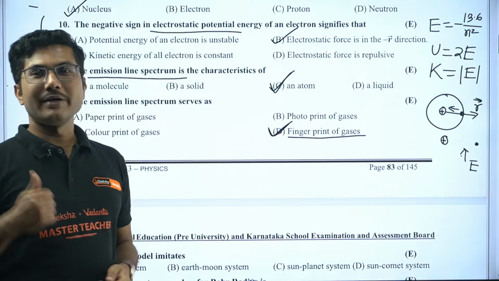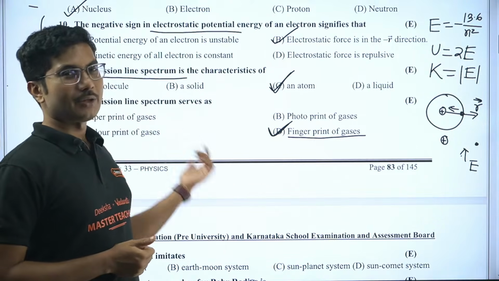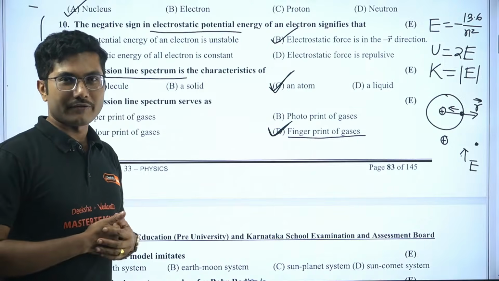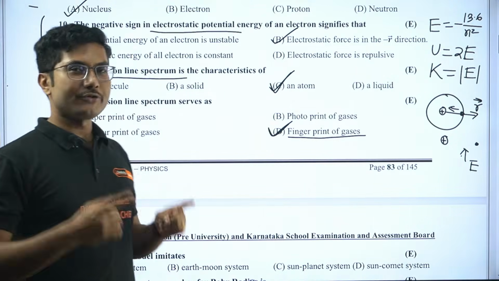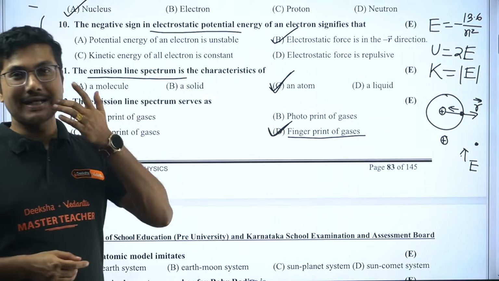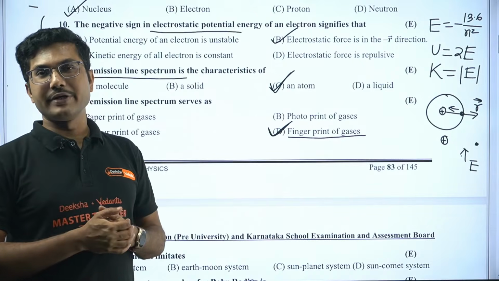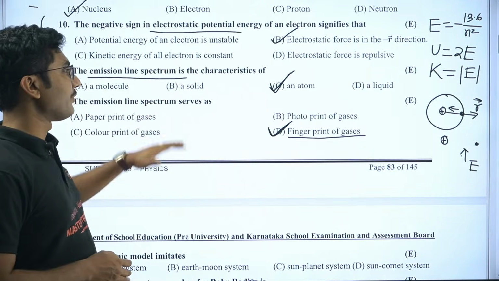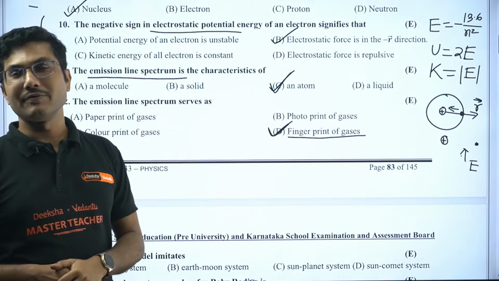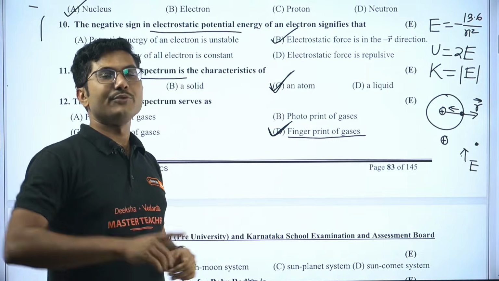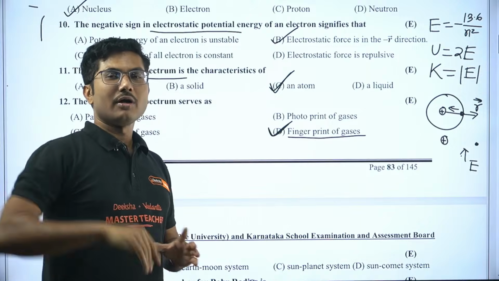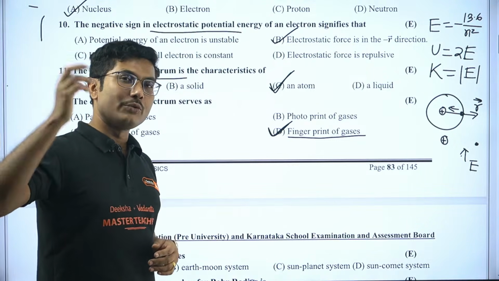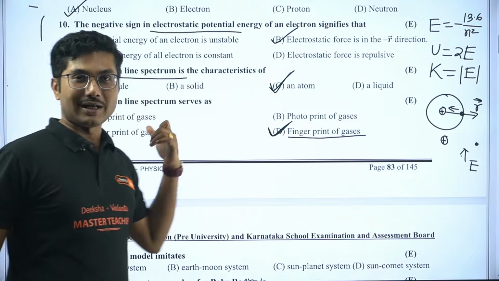So for hydrogen, whatever the emission spectrum is, for helium the spectral lines will be different, for lithium it will be different, for all the elements the spectral lines will be different, and based on that we can identify which element it is. Mainly it is used for distant galaxies and stars. What is present inside, we determine using the spectral lines.